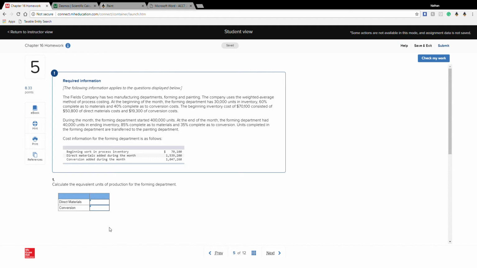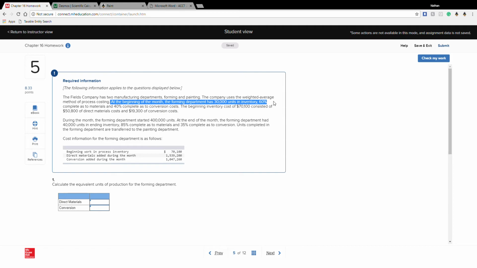So we know when we calculate equivalent units, our EUPs, we're dealing with accounted. So let's see if we can piece these out. So this is at the beginning, right here. We're not dealing with beginning. We are only dealing with completed and ending.